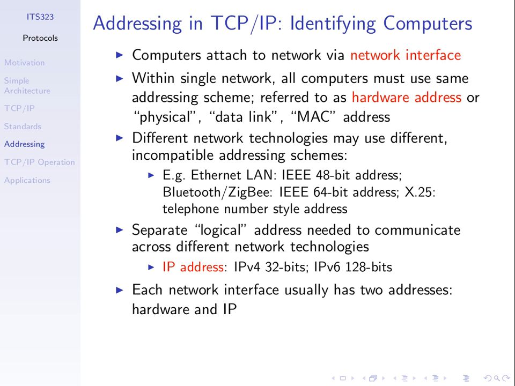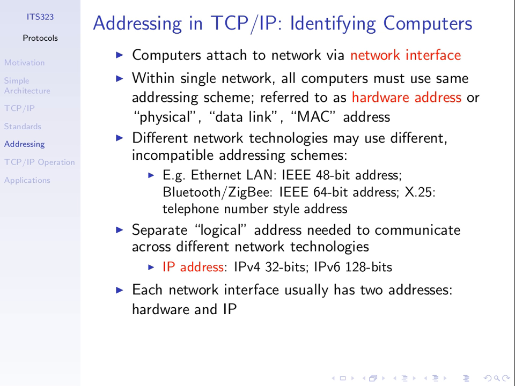For the data link layer packet sent by this computer, it contains a source address and a destination address. What do you think the source address is? What value?